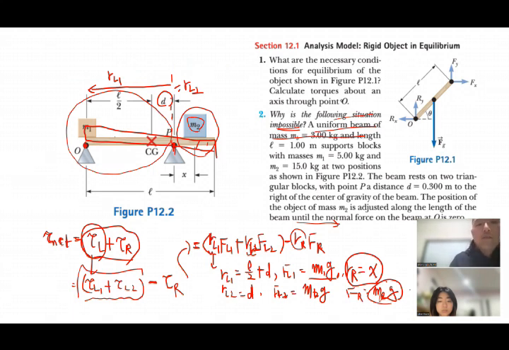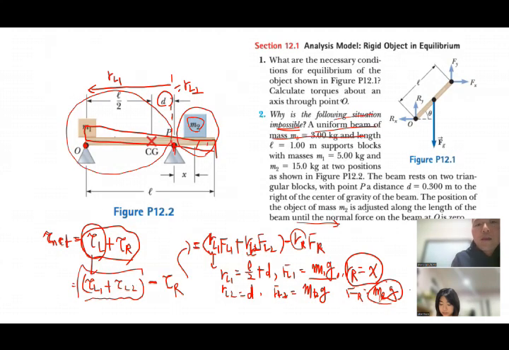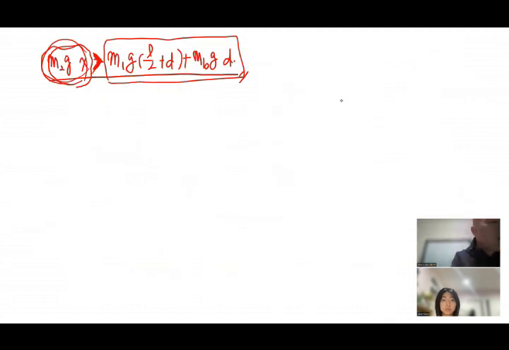So in order to do that, the right-hand side of the equation should be bigger than the left-hand side. In that case, M2 pushes M1 up, and the beam can be detached from the point O. That's my thought on this problem.